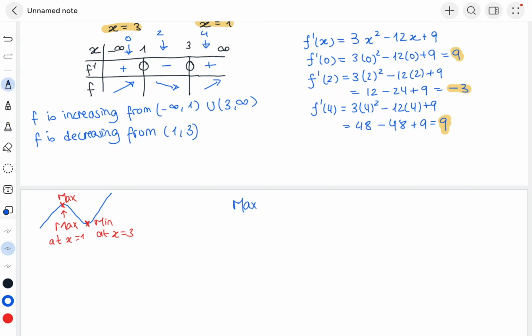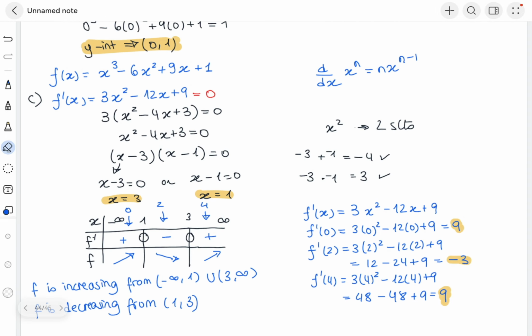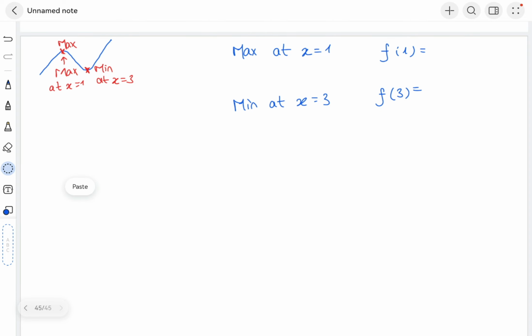Maximum at x equal to 1, and we need to find f at 1 to find its y value, and minimum at x equal to 3, and we'll need to replace 3 in the original equation to find its y value. Our equation is, let us copy it, x cubed minus 6x squared plus 9x plus 1. Let's put it here.